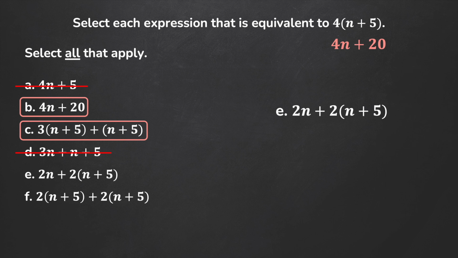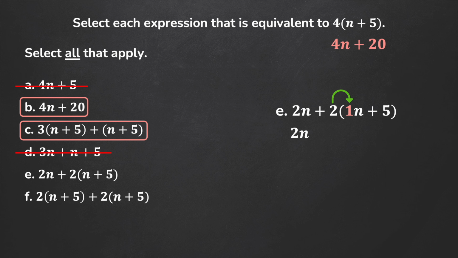Now let's work with E. So here we have to combine like terms and do the distributive property. So we're going to do the distributive property first, but we're going to bring down the 2n before we do that. And we also added a 1 in front of the n so we could see that coefficient of 1.